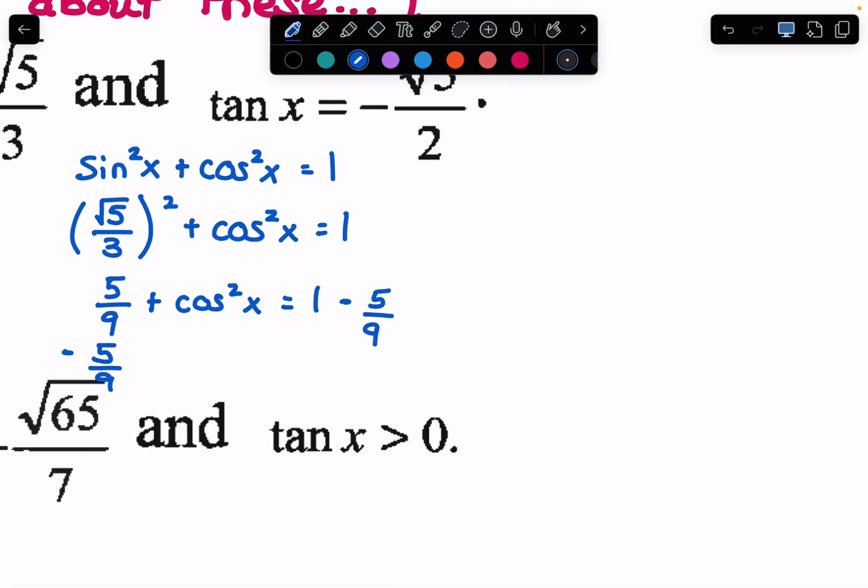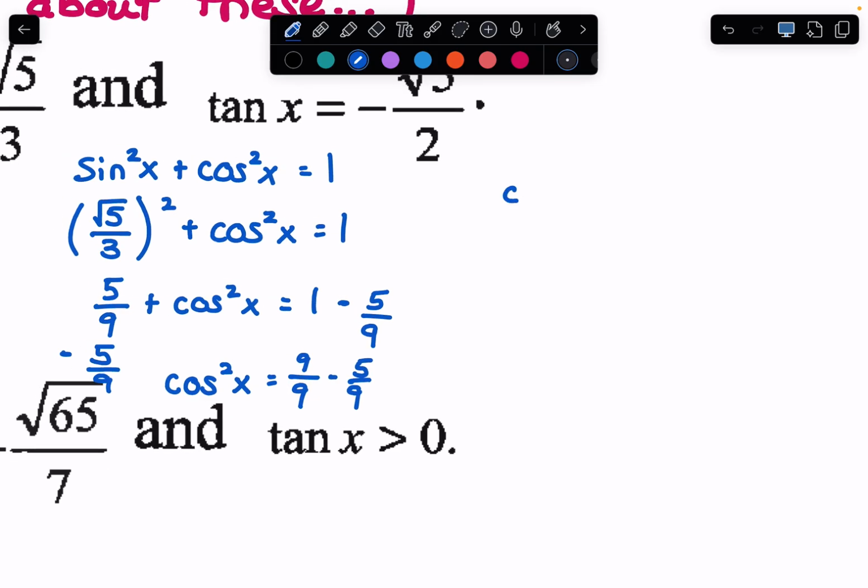How am I going to write that 1? 9 over 9 minus 5 over 9. Right? So that's just me writing 1 with a common denominator of 9, right? And so I get cosine squared is 4 over 9. Take the square root.